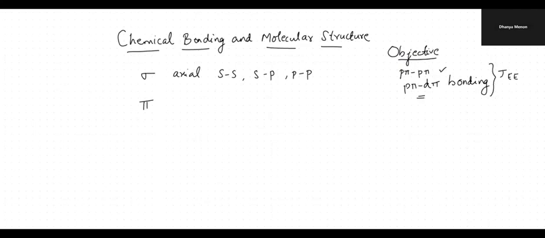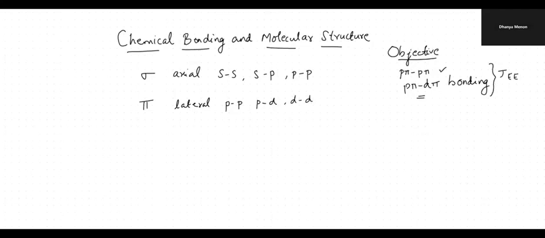And pi bonds are formed by the lateral or parallel overlap of p-p orbitals, between p-d or between d-d.